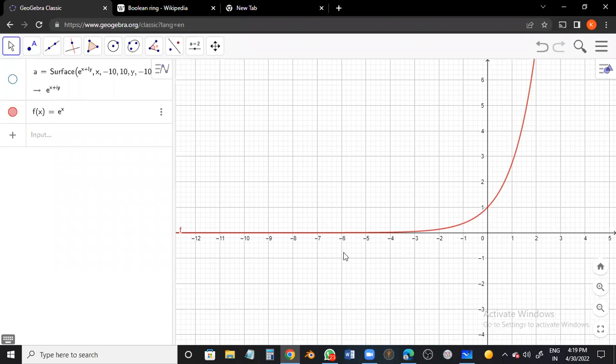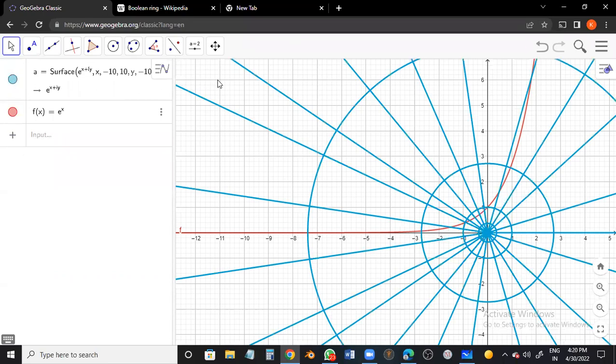It is only in the upper half. Whereas if I go with this particular one, you can see it is going down also. Is this fact clear to you? Is it okay? Yes. Okay.